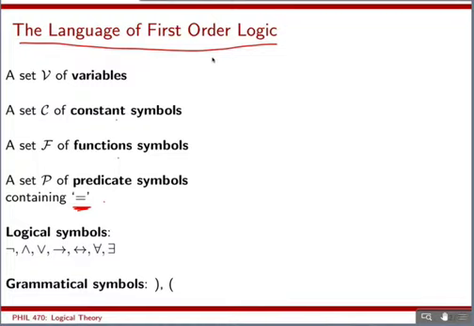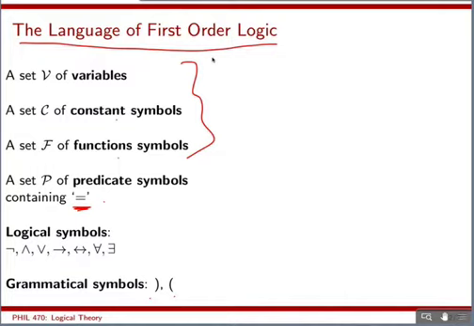So we always have equality in our language, and then we have our logical symbols, and we use parentheses as grammar to help interpret sentences.